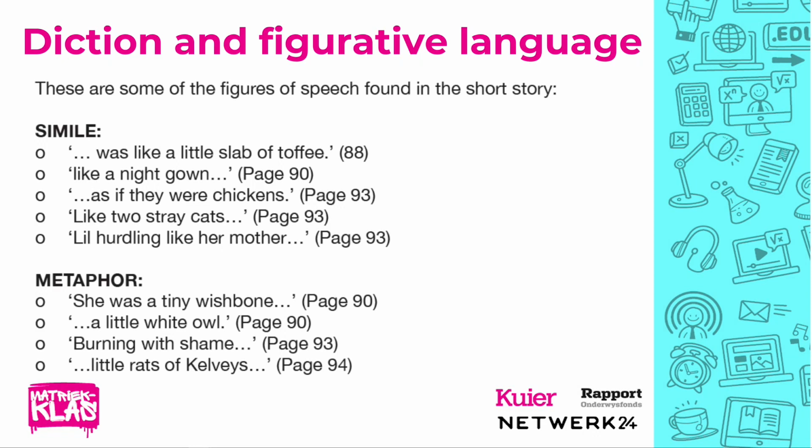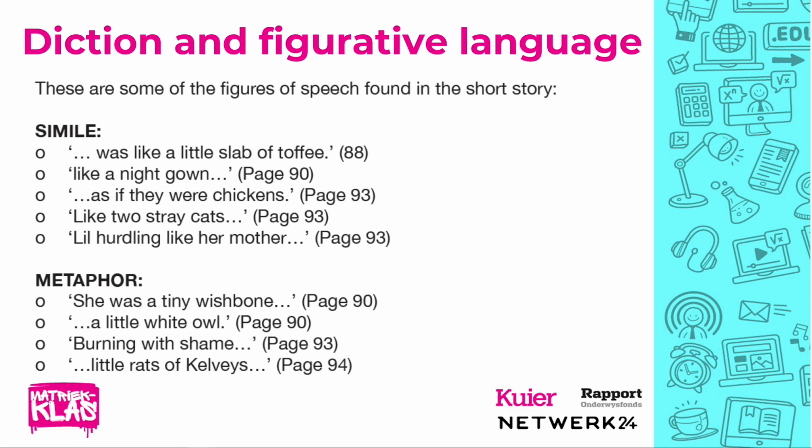Okay? Now, if you look at what is on the screen and you see all the similes and all the metaphors in this particular story, then you're going to realize that there is a lot of figurative language. So the story is told through pictures. Okay?